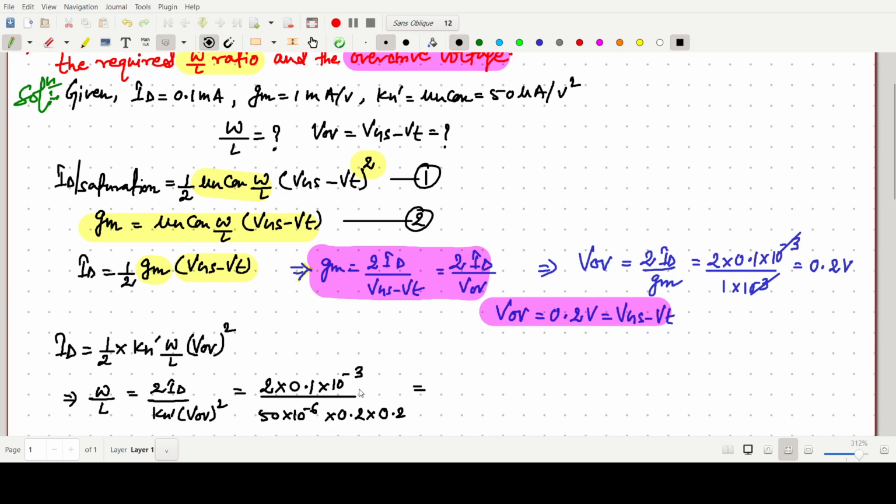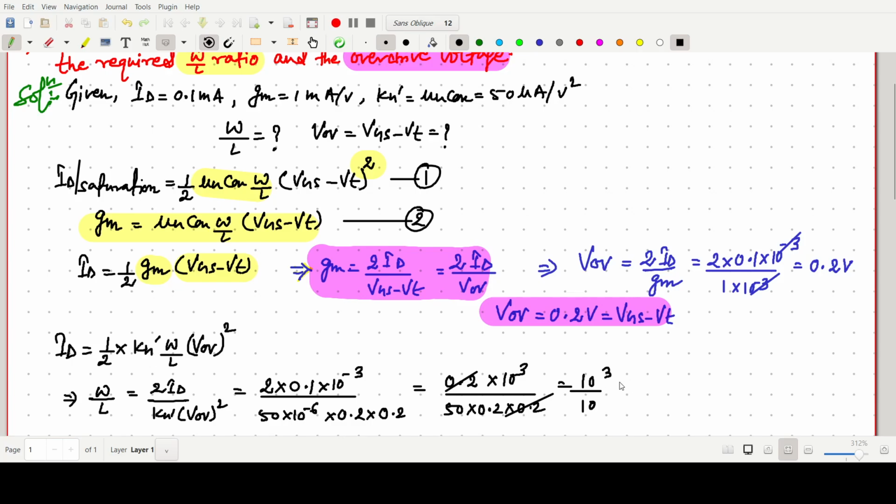The 0.2 cancels out, then we have 10 to the power 3, and 50 into 0.2 is simply 10.